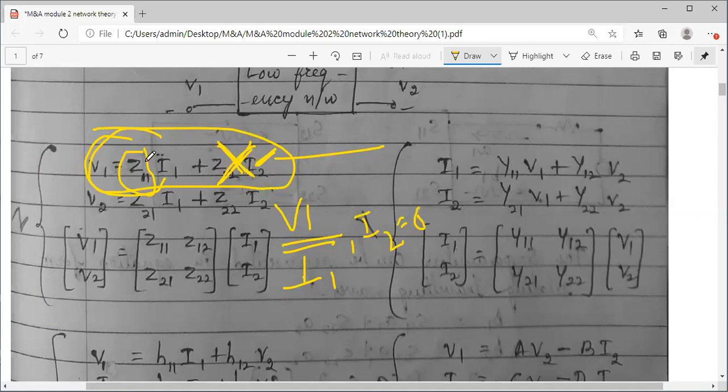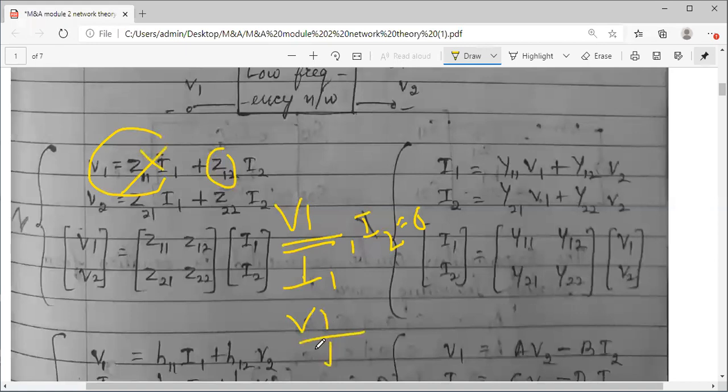Similarly, how can I find Z12? I don't want this term. Z12 is equal to V1 by I2, keeping I1 equal to 0.